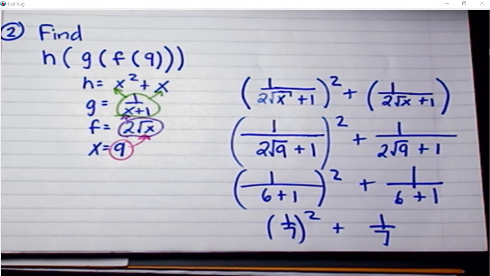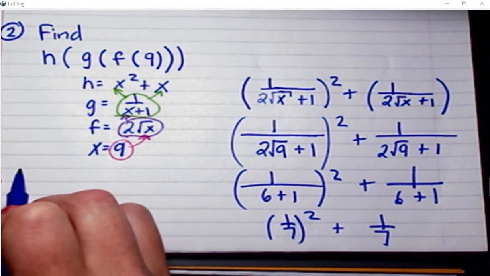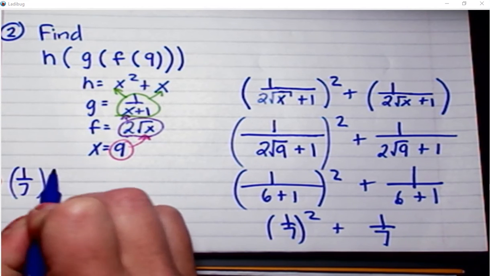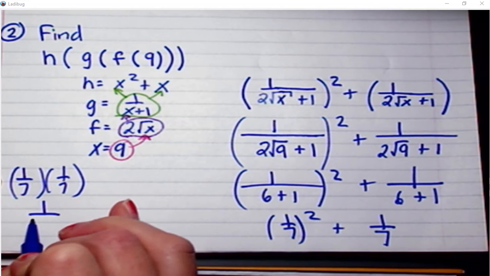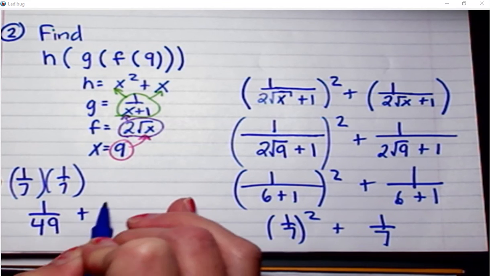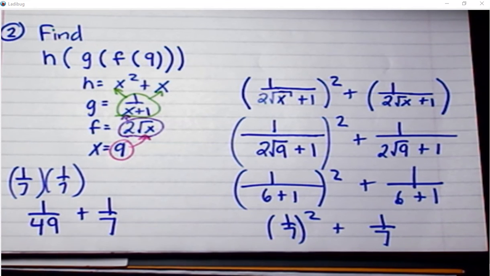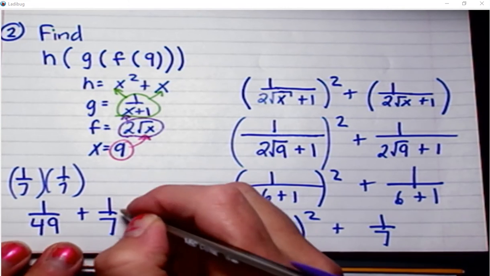When you get a square, it's multiply by itself. When you multiply fractions, you go straight across. When you add fractions, you need a common denominator. I'm almost certain this is maybe something that has been lost over the last 2 years.